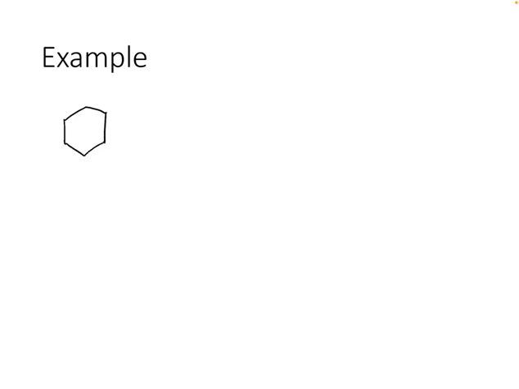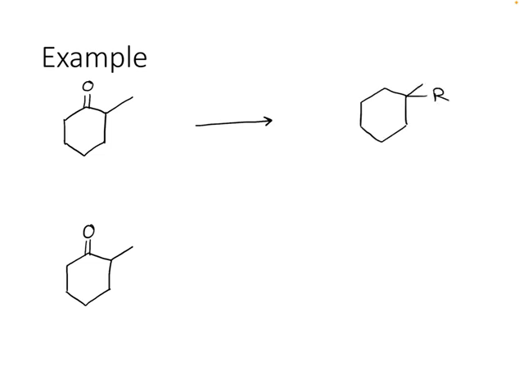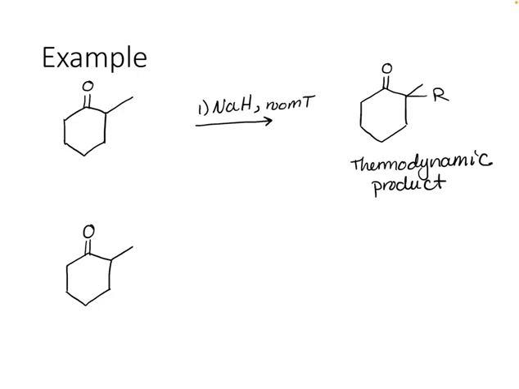So given what we just went over, if we want to favor the formation of the thermodynamic product, we can use NaH at room temperature, and then we'll follow that with our alkyl halide, which again should be a simple alkyl halide or relatively simple.